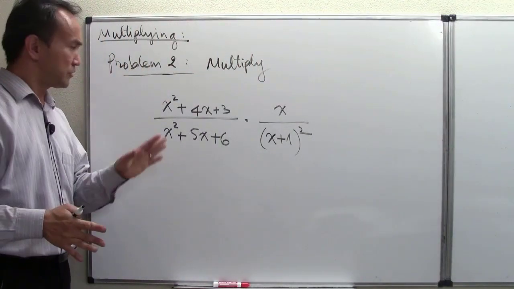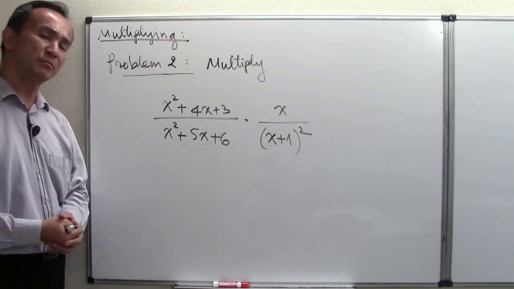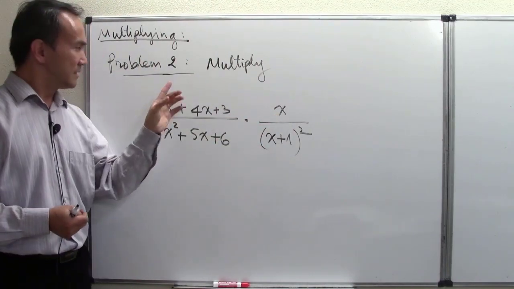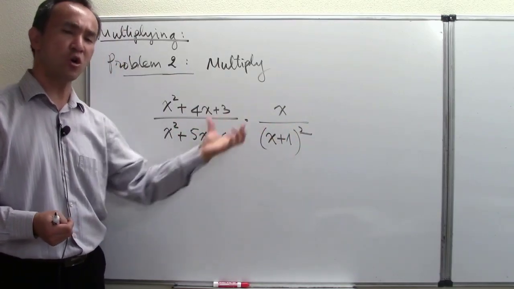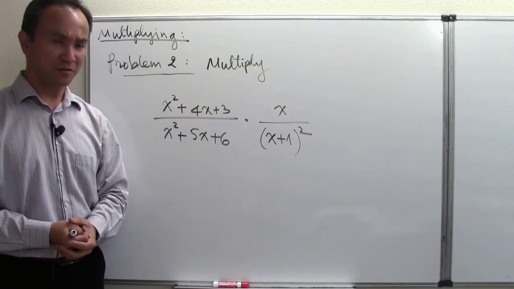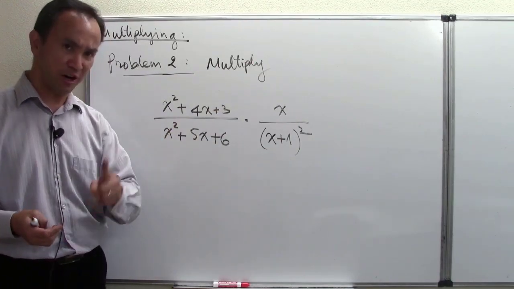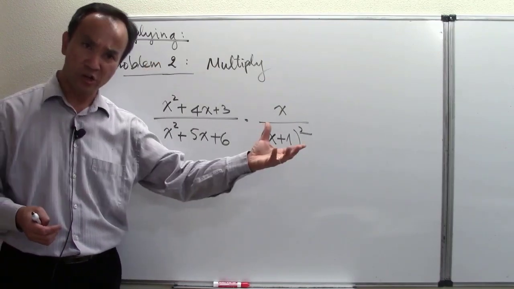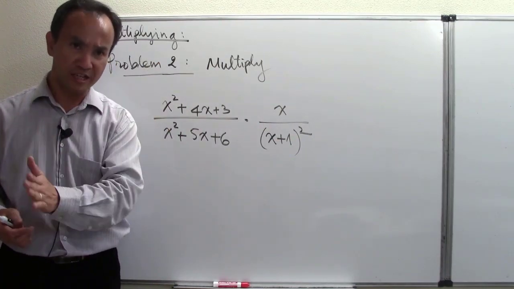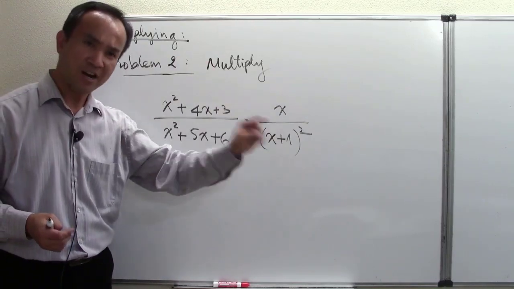All right, now we're at demonstration problem number 2. We are instructed to multiply two rational expressions. I've had this recommendation from the earlier lessons, and now I want to emphasize it again. Anytime working with rational expressions, think as closely as you can to working with fractions.